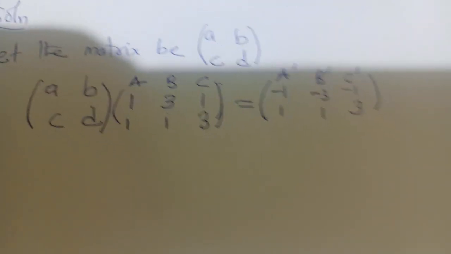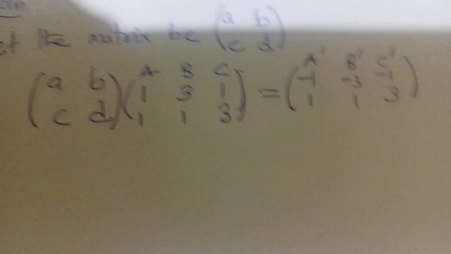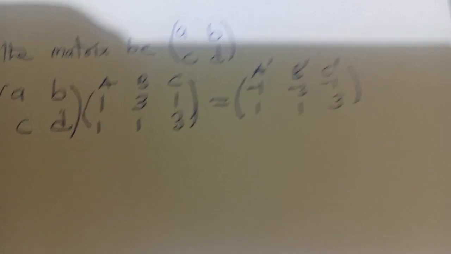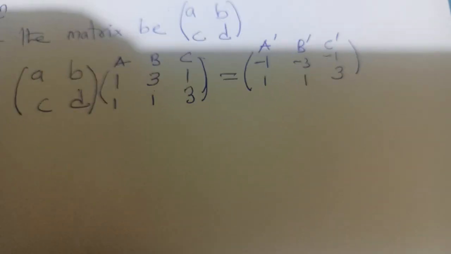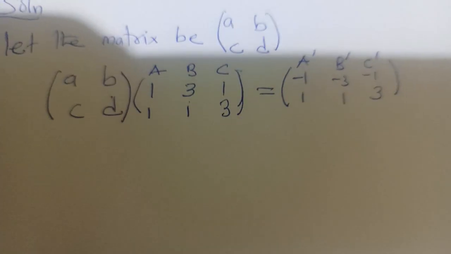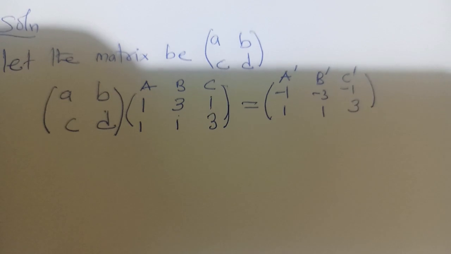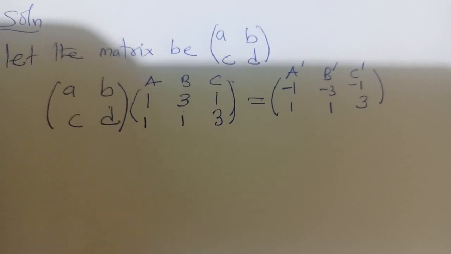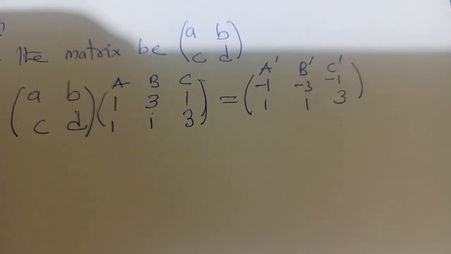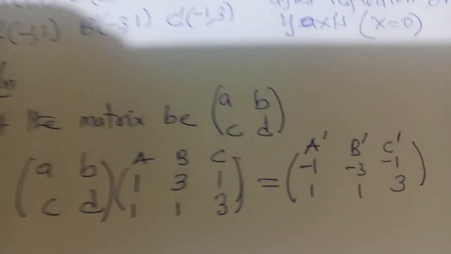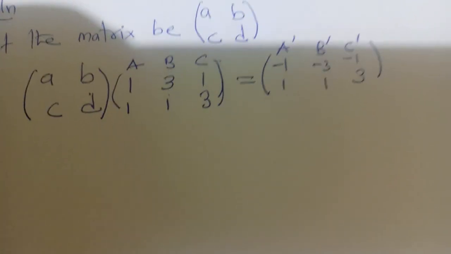So here we have an equation of a matrix of transformation pre-multiplying the object to give us the image. From here we form equations in A, B, C, and D, and then solve for them, which will lead us to the matrix of transformation that is required in this case.